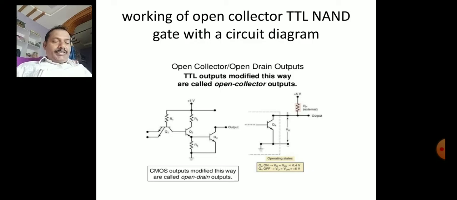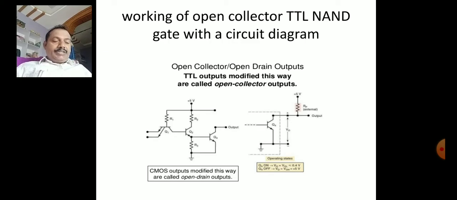The output of Q2 is fed as input to the transistor Q3, that is Q1, Q2, Q3. Hence the collector of Q3 and the collector of Q2 will be in phase. Therefore, this also works as a NAND gate.